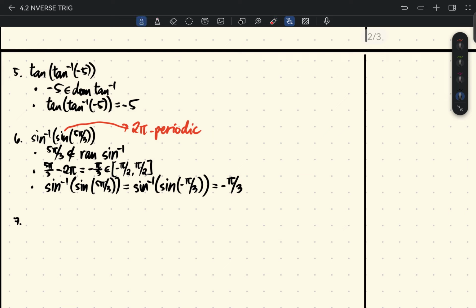So let's have one last example for questions of this kind. Let's consider the cosine of cosine inverse of pi. First, we have to check if pi is inside the domain of cosine inverse.